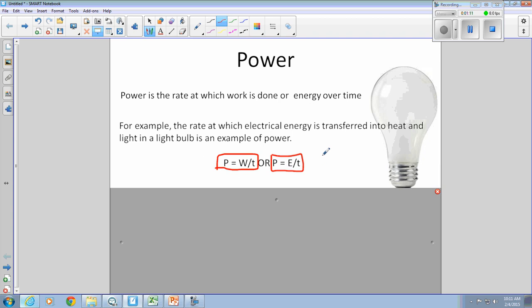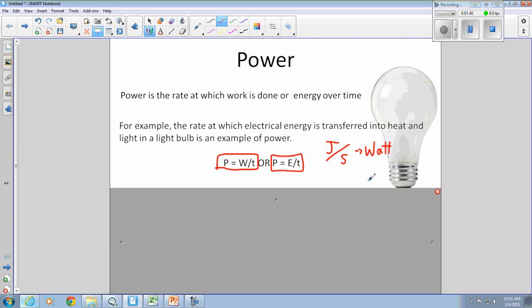And units, well, energy or work is in joules, per time in seconds. So joules per second is power, and a joule per second is what we call a watt. W-A-T-T.